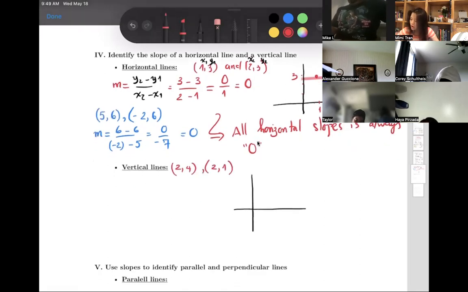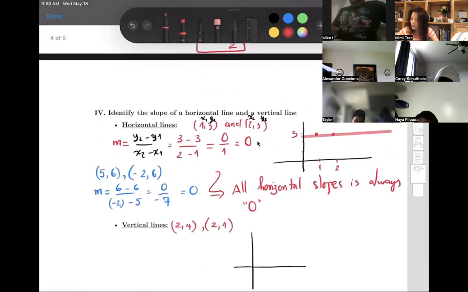By the way, let me go back up to the horizontal line. That red line right there, when I connect the two dots, is y equal 3. That's my equation. If it's a horizontal line, it's going to be y equal. If it's a vertical line, it's going to be x equal.